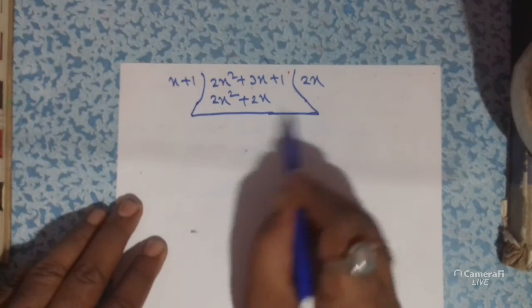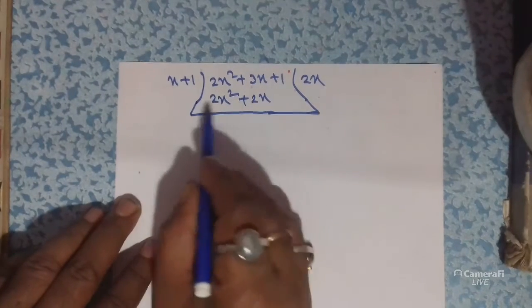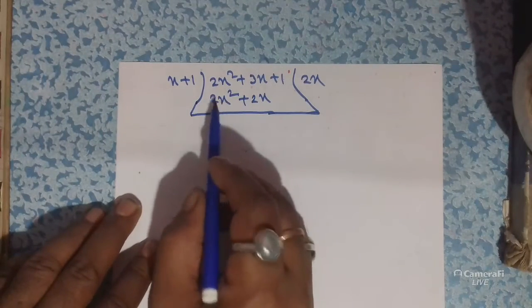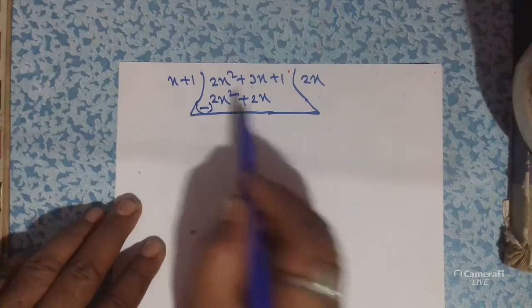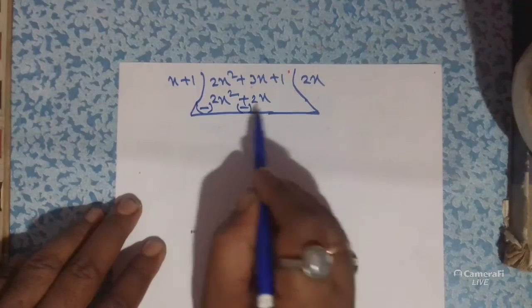Now after this we have to subtract. So to subtract we need to change the sign. So it is plus 2x square, so it will be minus, and it is plus, so it will be minus.